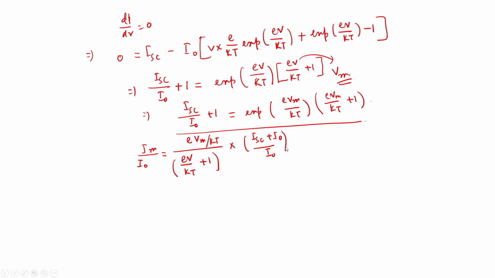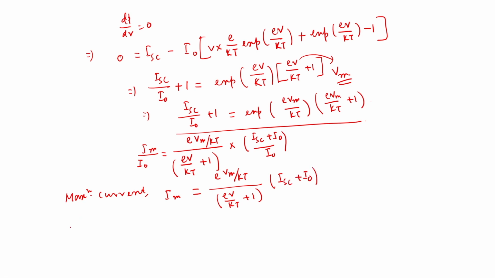Okay. Then we can find out the maximum current Im, which is EVm by KT divided by EVm by KT plus 1, multiplied by ISC plus I naught.